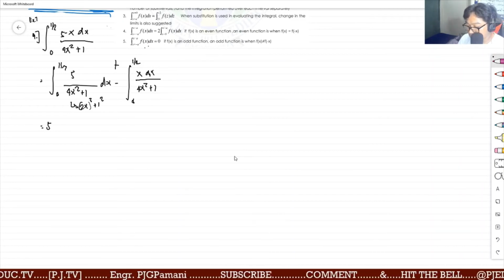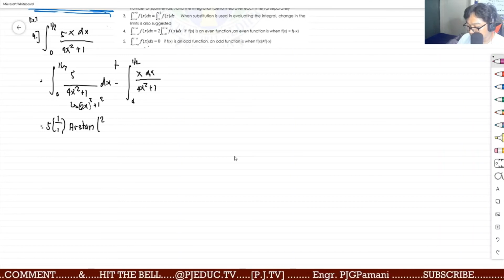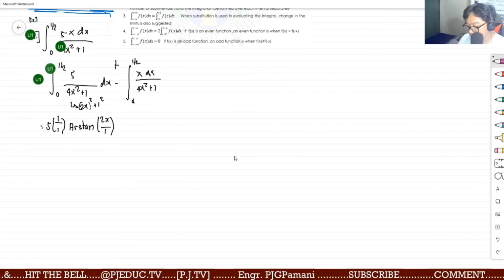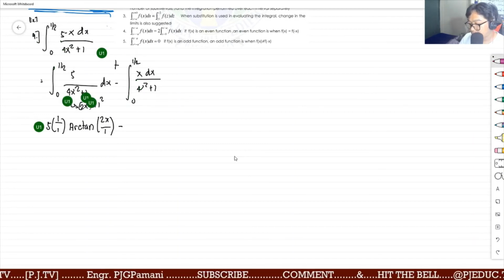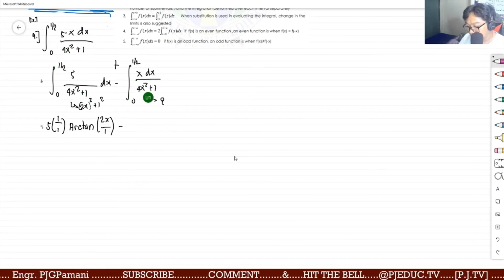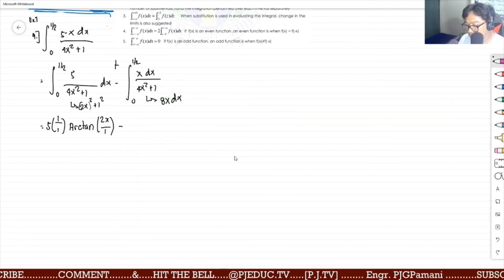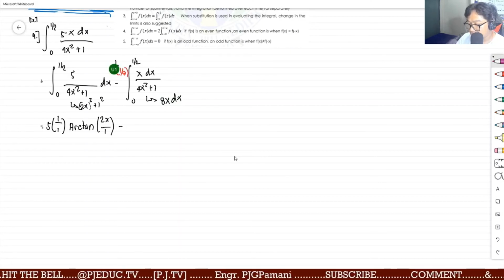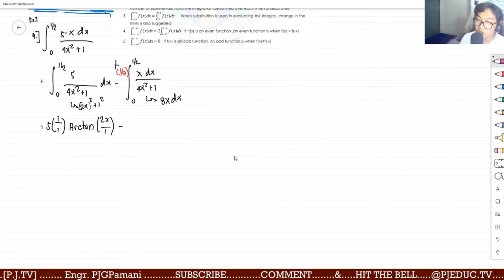So that is 1 over a times arctan of u over a. Mamaya na natin i-simplify. Minus, differential of 4x squared plus 1 is 8x dx. Meron na tayong x doon sa taas, so mag-introduce na lang tayo ng correcting factor na 1/8. Para makancel si x and we can apply ln.